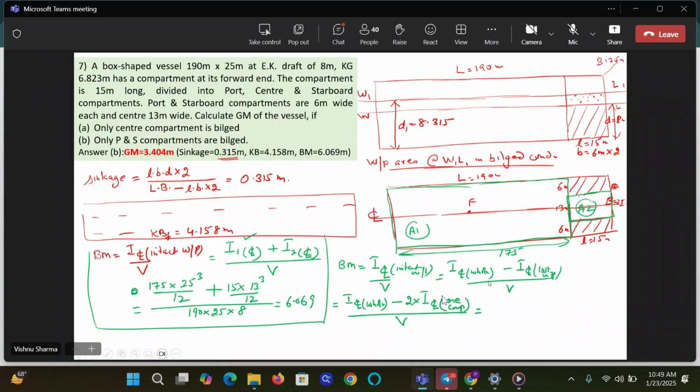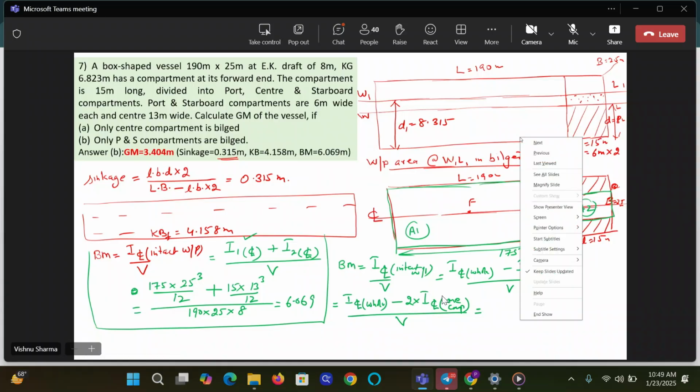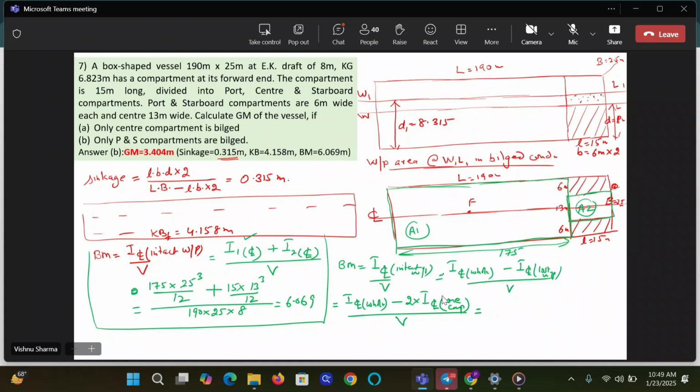Now, I'll change to blue pointer so that it is here. Now, ICL is not a standard axis for the lost water plane. So what do we do? Through the geometric center of this, I draw a parallel axis. Maybe I can call it as XX, no problem. What is the perpendicular distance between these two? 3 meters here and another 6.5 here.